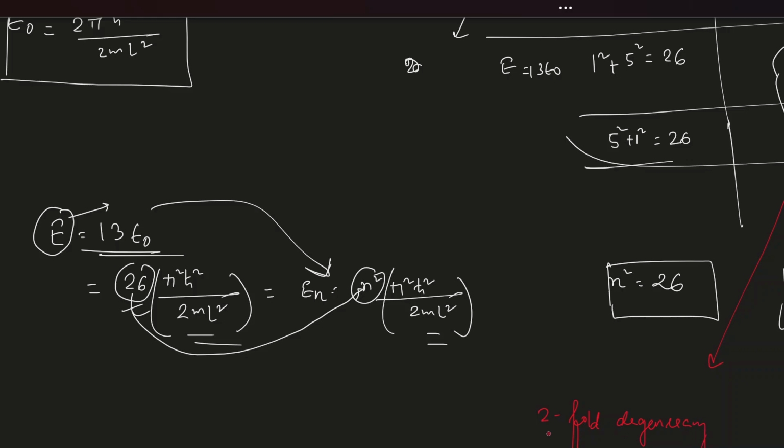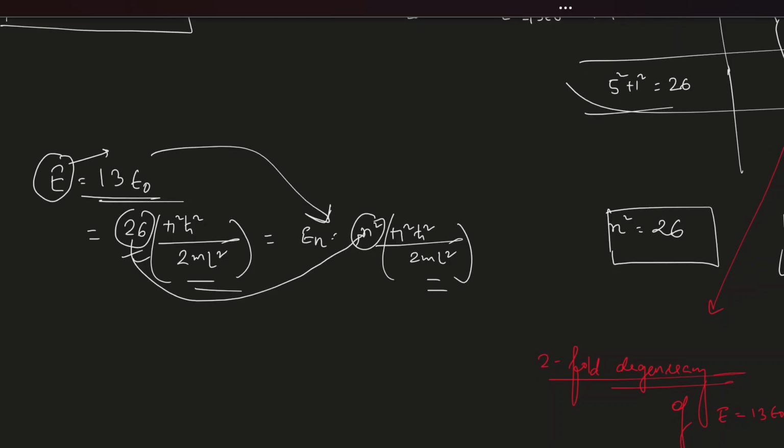degeneracy of the energy level equal to 13 E naught, because you have two possible eigenstates from this problem, both of them with the same 13 epsilon naught energy.